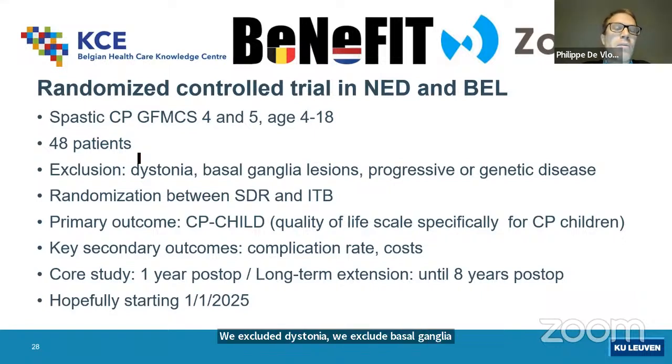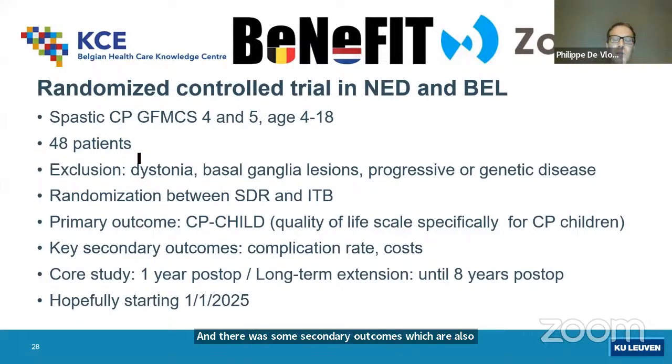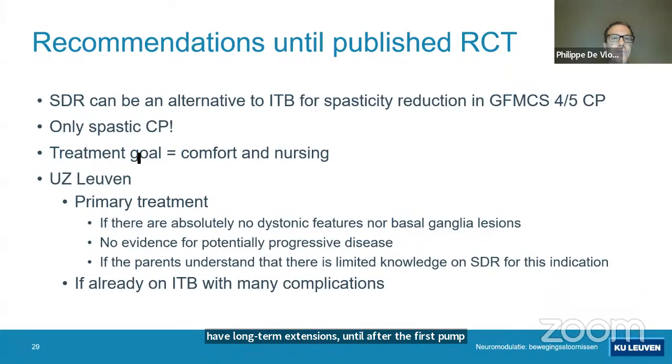We will randomize between SDR and ITB, and the primary outcome will be a quality of life scale specifically designed for CP children who are non-ambulatory. There are some secondary outcomes which are also important, the complication rates and the costs. The core study will be only 1 year post-op, but will have long-term extensions until after the first pump replacement, and will hopefully start early next year.